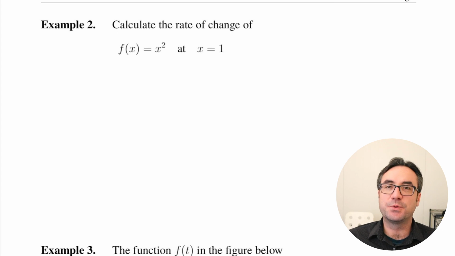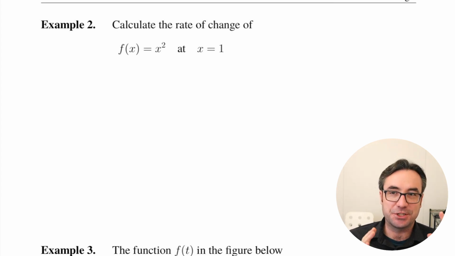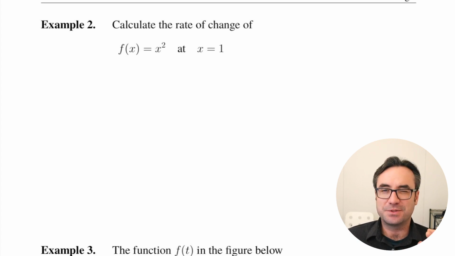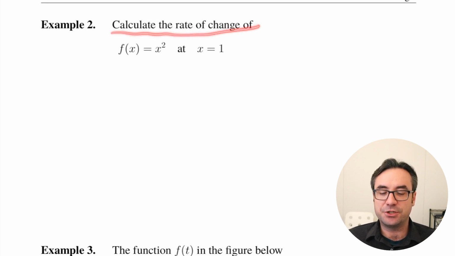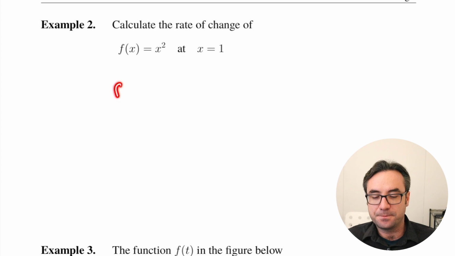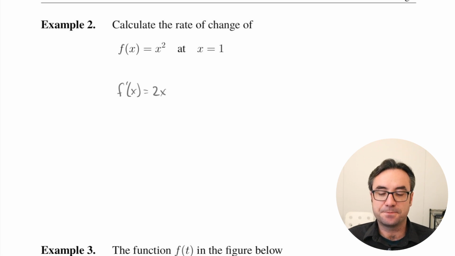A lot of times we don't say the word instantaneous, we just say rate of change. We'll specify average rate of change, but in general, sometimes we leave off that word instantaneous. So if we saw this problem, calculate the rate of change of our function x squared at x equals 1, we would calculate the derivative, so 2x.